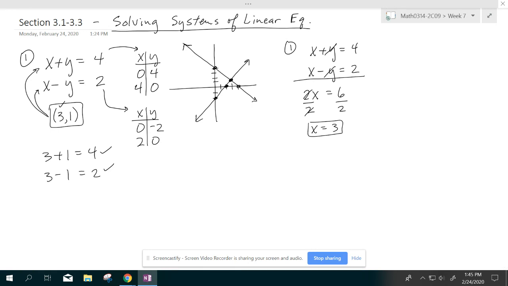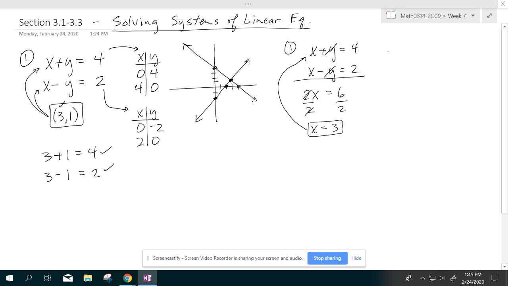Now, if I know x, I also need y. And that means I need to plug this back into either one of the equations. You don't have to do both. So which do y'all prefer, top or bottom? I'm going to go with top this time.